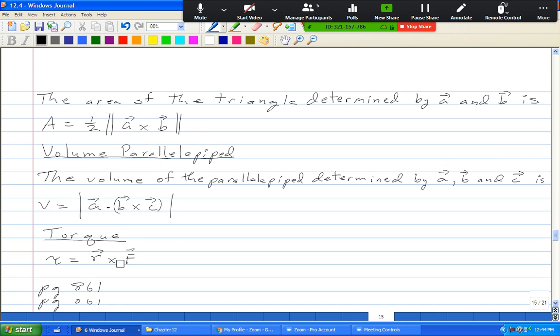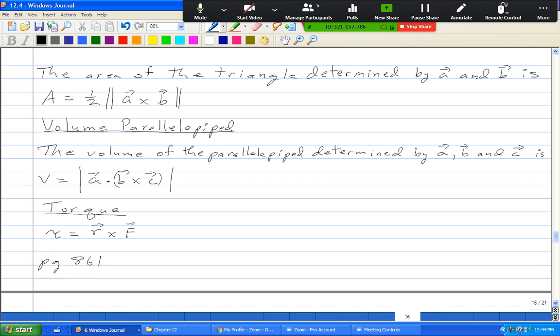Okay. The torque in physics is defined as the cross product of the position vector times the force vector. So if you have some wrench or something that you're twisting, the position vector's initial point is where you are.